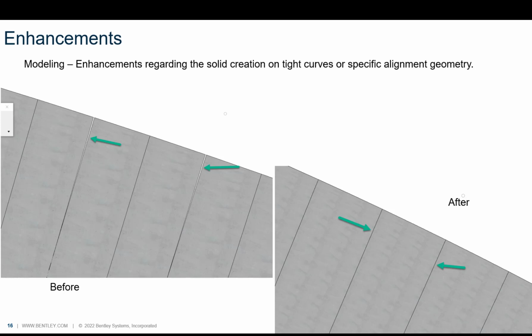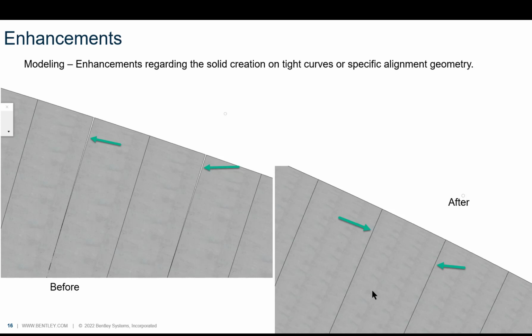The next enhancement we have is the modeling enhancement regarding solid creation on tight curves or specific alignment geometry. Previously, the tunnel linings could not adjust themselves to specific tight curves or a specific alignment geometry, and thus there were some gaps between linings which eventually resulted in small errors in lining widths.